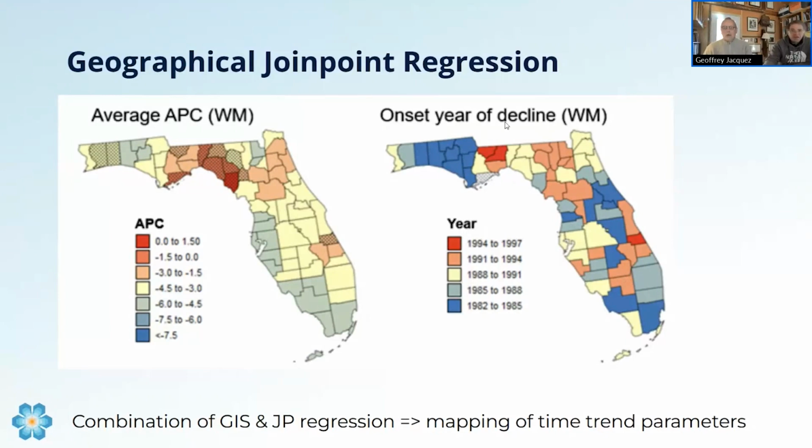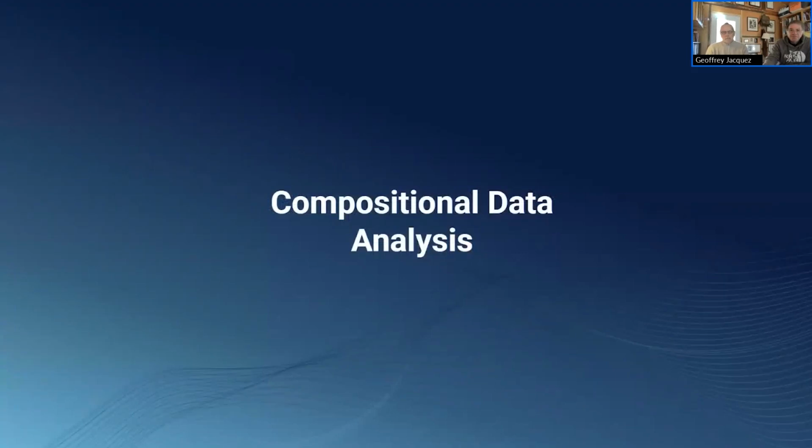So basically the joinpoint for the first significant decline. And you can see in some part of Florida, it started very early, like in the early 80s. In other part of Florida, you really have to wait until the mid to the late 90s to see a decline. So again, there's a lot of interesting information that can be visualized and analyzed across space.